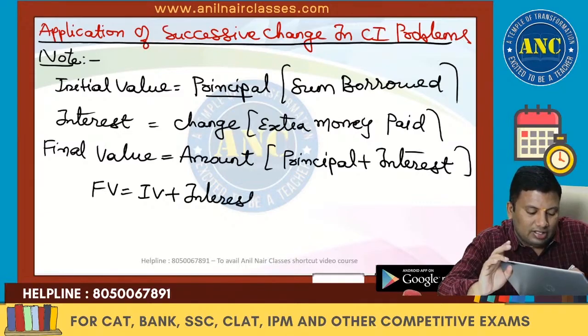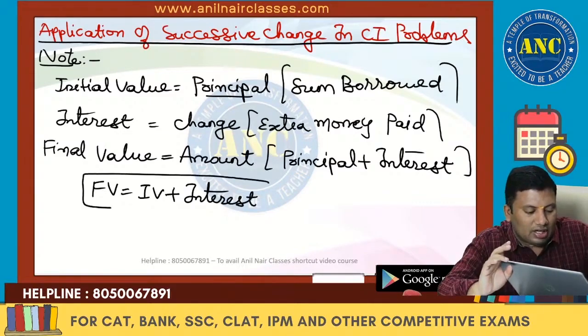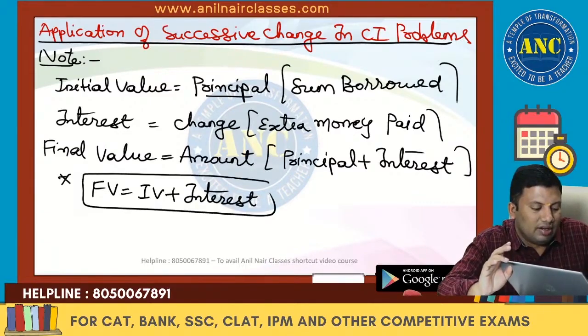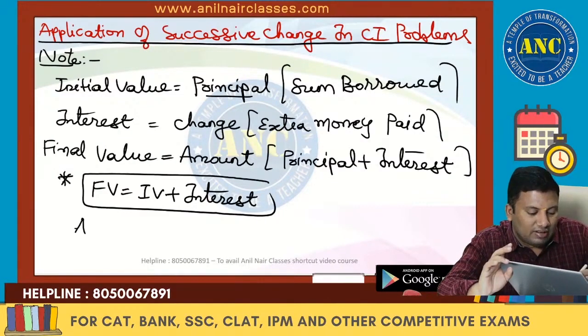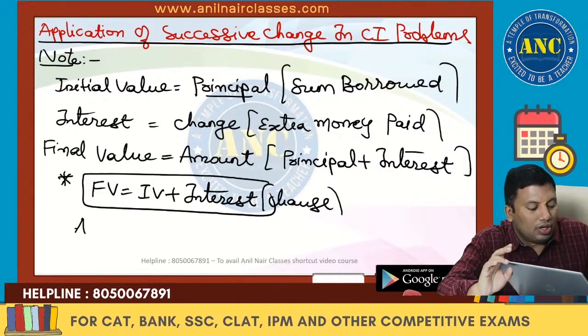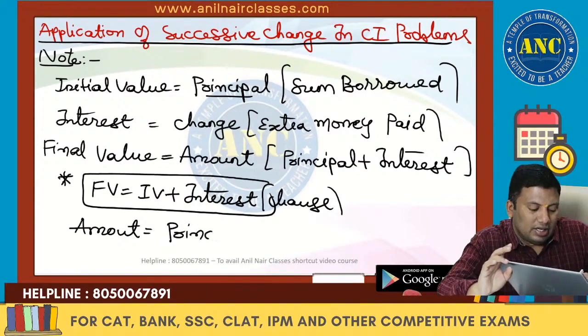Final value is nothing but initial value plus interest. Final value is nothing but initial value plus change. In fact, here change is nothing but interest. So amount is nothing but principal plus interest.